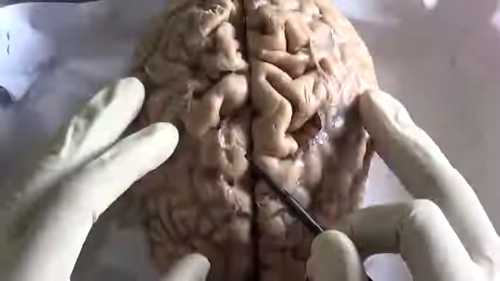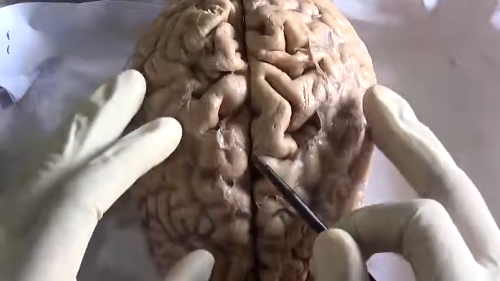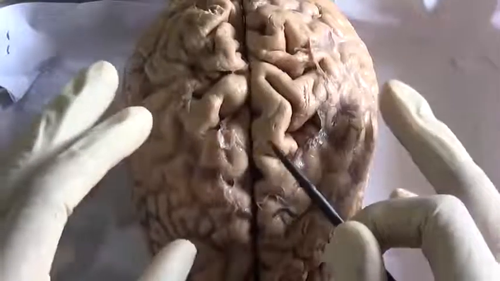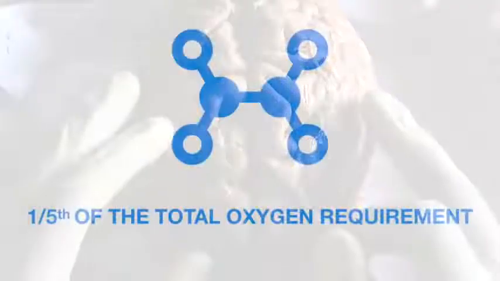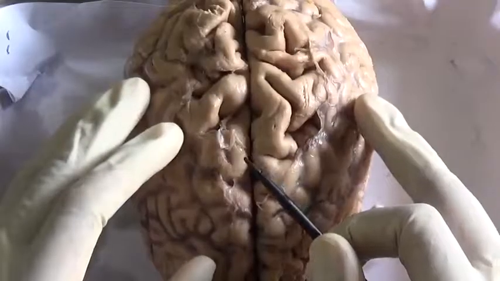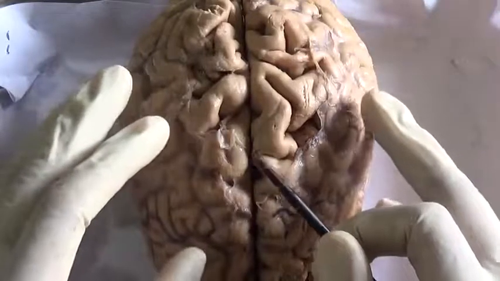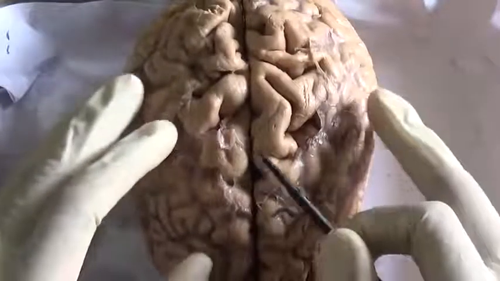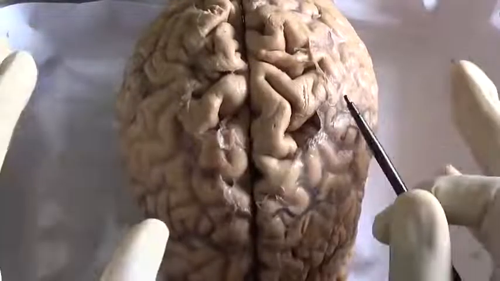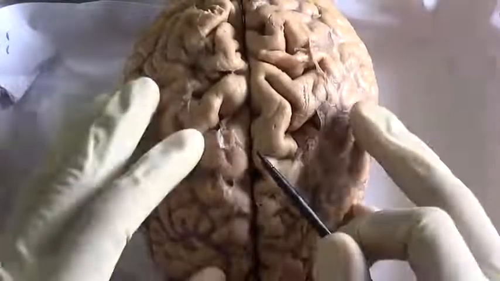So just imagine the functional significance of the brain. Again, it needs 1/5 of the total oxygen requirement of the body. Okay, 20% of the total oxygen needed by the entire body goes to the brain.